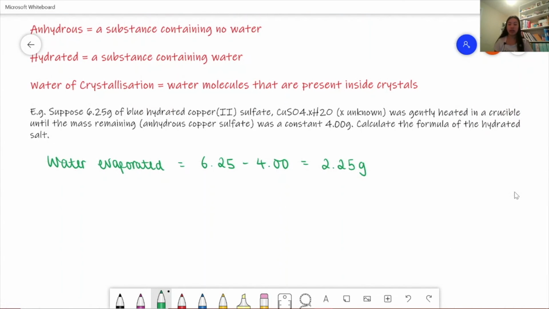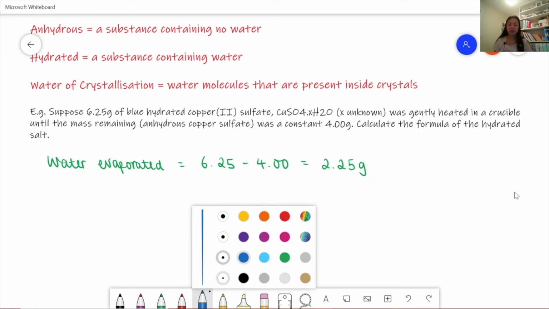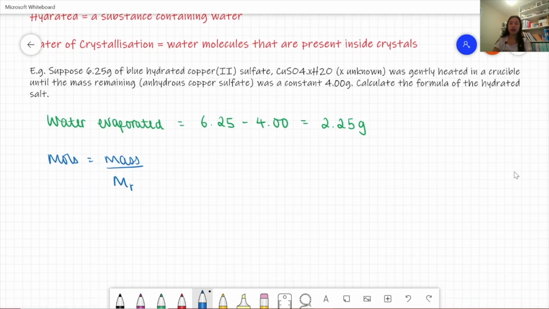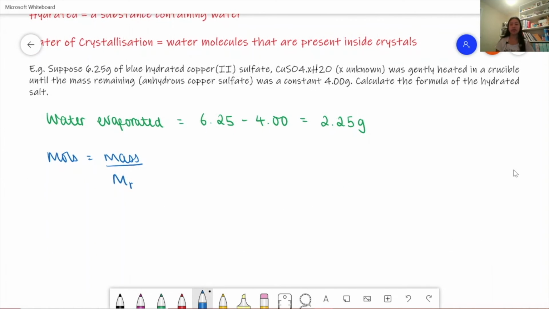So we have the equation moles is equal to the mass over the molecular mass, so the MR. And so now we need to find the MR before we can work out the moles. So to work out MR, we have to add up all of the individual relative atomic masses of the elements in the compound.